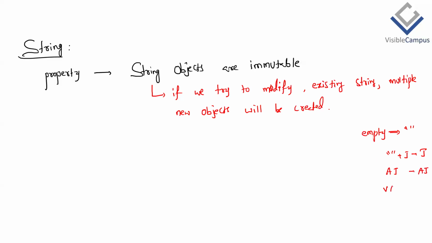Next we add V, and it becomes JAV, one more new object. Then we add A to this, and it becomes one more new object. It means when we try to perform some task on a string, each modification will create a new string object. Correct or not?